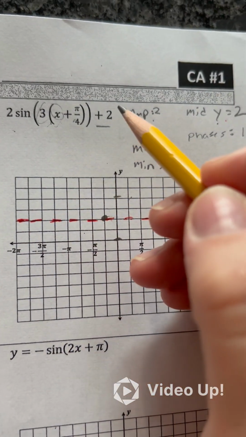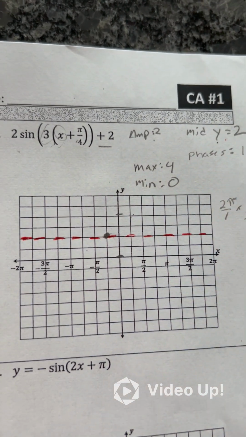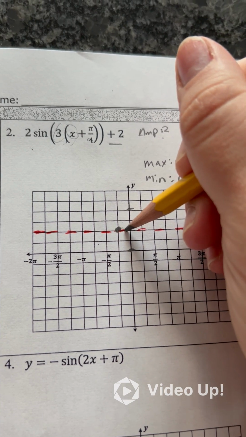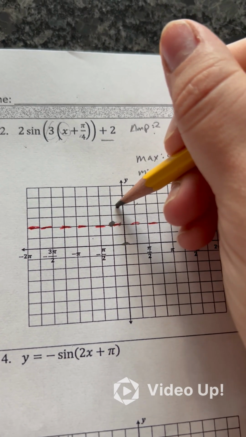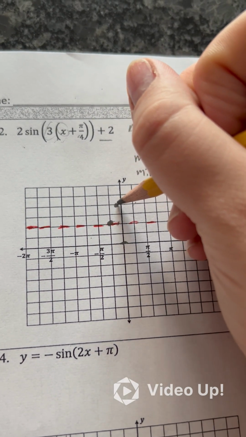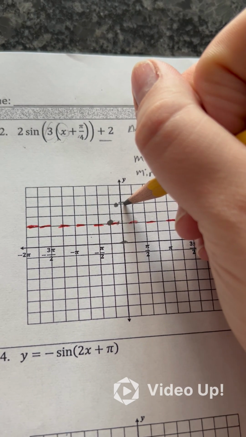Sorry. So sine goes up, then down to the midline, then to the min, then back to the midline, right? So we're gonna go 2/3. So we say like about here, maybe. We're gonna go up to our max, and that'll be where it hits. Now we're gonna go 2/3 again. So we have 1/3, 2/3 right here.